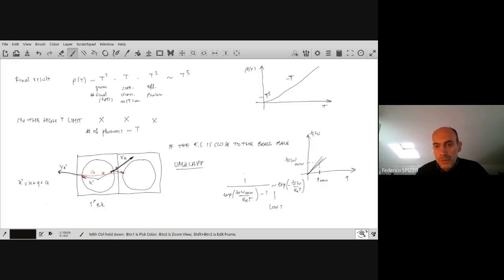So in general, Umklapp is a term that defines processes where we need to include a vector belonging to the reciprocal lattice to fulfill the crystal momentum conservation in the first Brillouin zone. Differently, all the other processes where G may be considered to be equal to 0 are called normal.